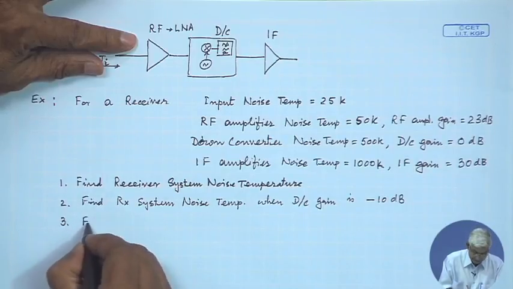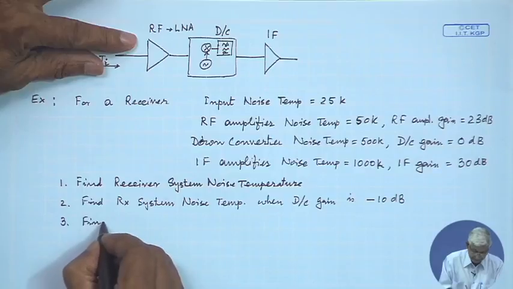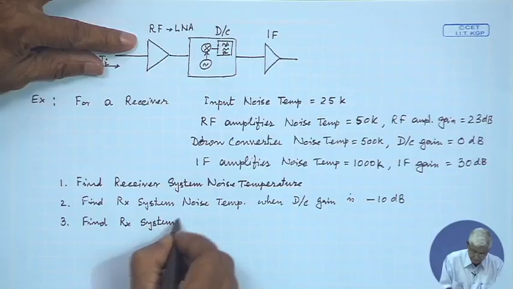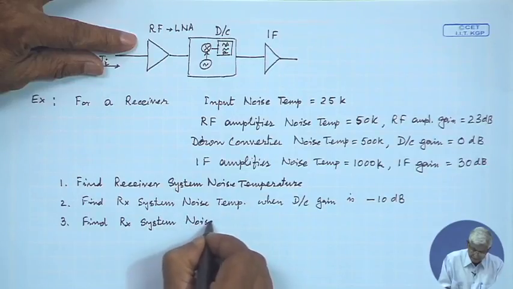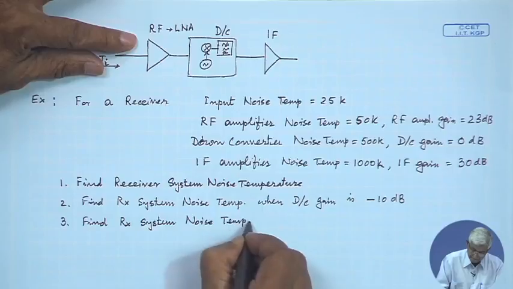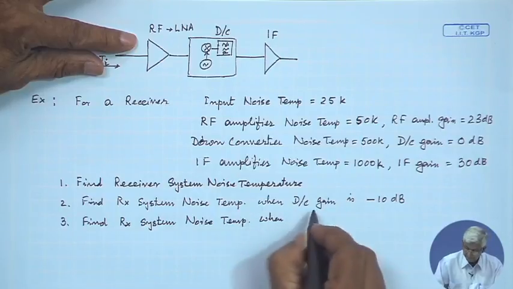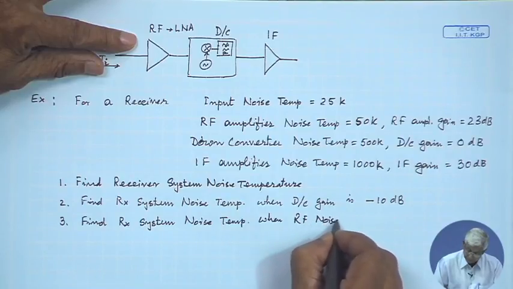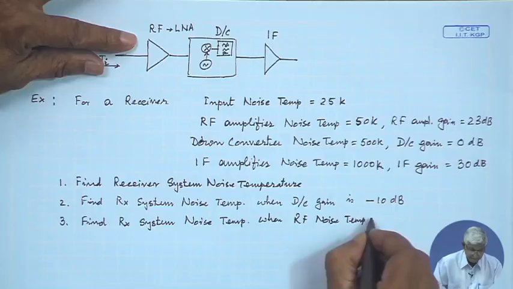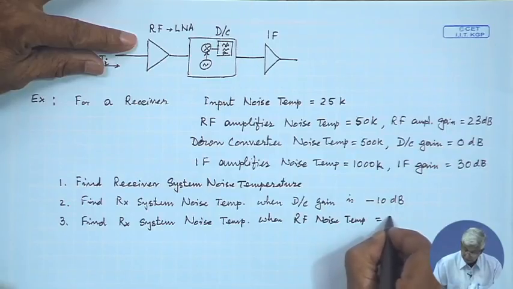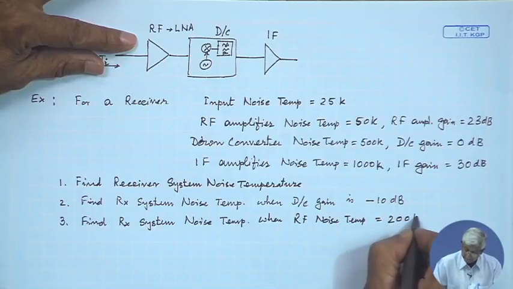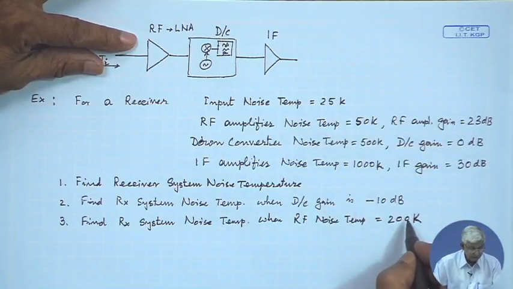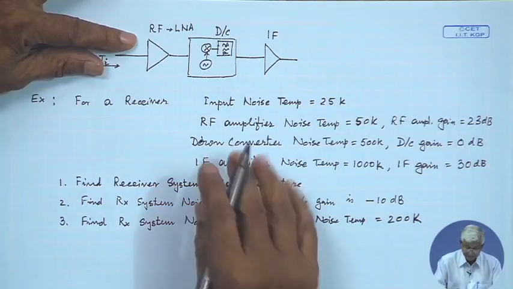You will find more changes if we change the RF value. Find the receiver system noise temperature when the RF stage noise temperature is equal to 200 K. Instead of 50 K, I am increasing it to 200 K. You will see the effect.